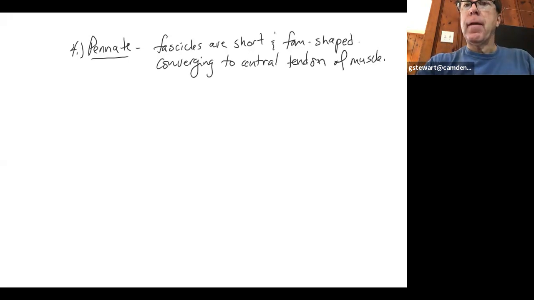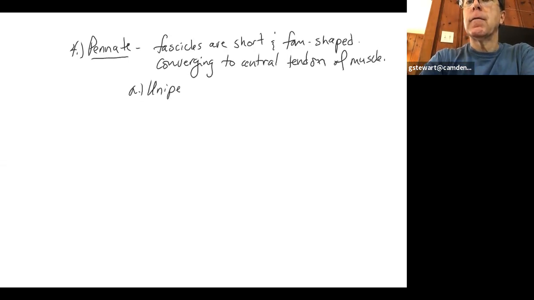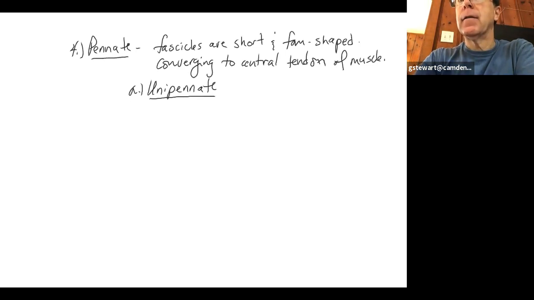So here's a muscle, I'm going to give you a class. Well, there's three classifications of this. I'll be specific and draw all three of these. Unipennate specifically means the fascicles insert into one side of the tendon.